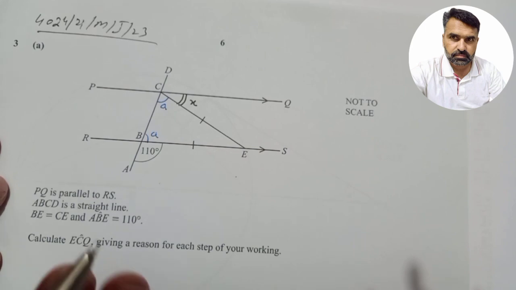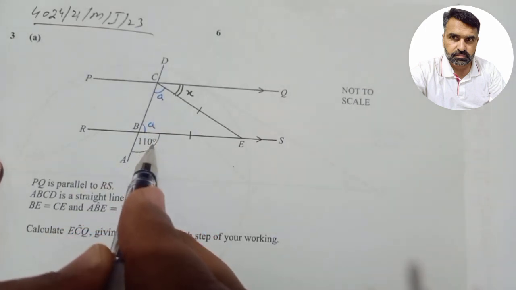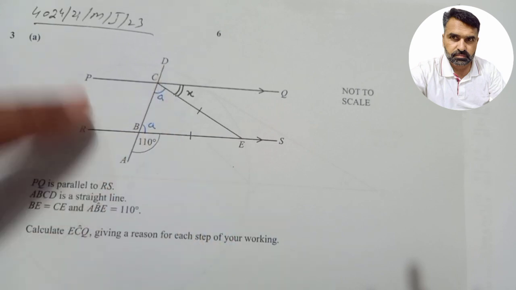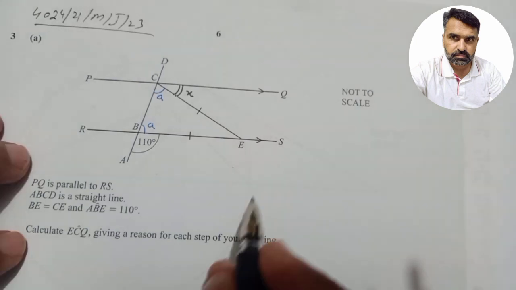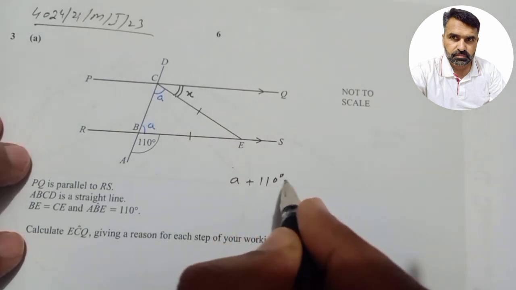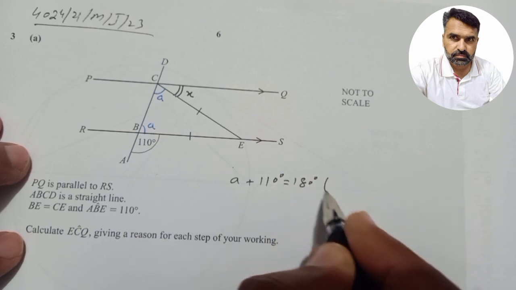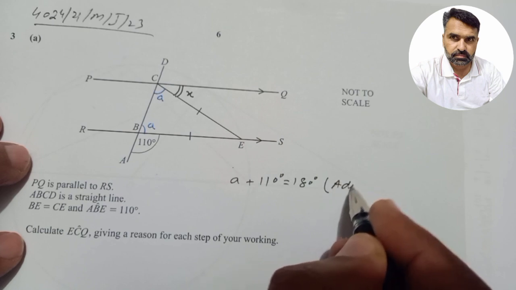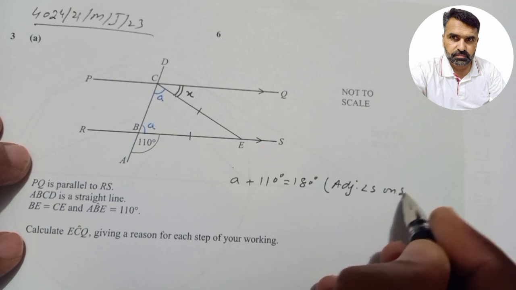Now students, it is a very simple and easy question because angle A and 110 will be equal to 180 degrees because ABCD is a straight line. So we will solve it as A plus 110 degrees is equal to 180 degrees, and the reason is ABCD is a straight line, or you can say that these are adjacent angles on a straight line.